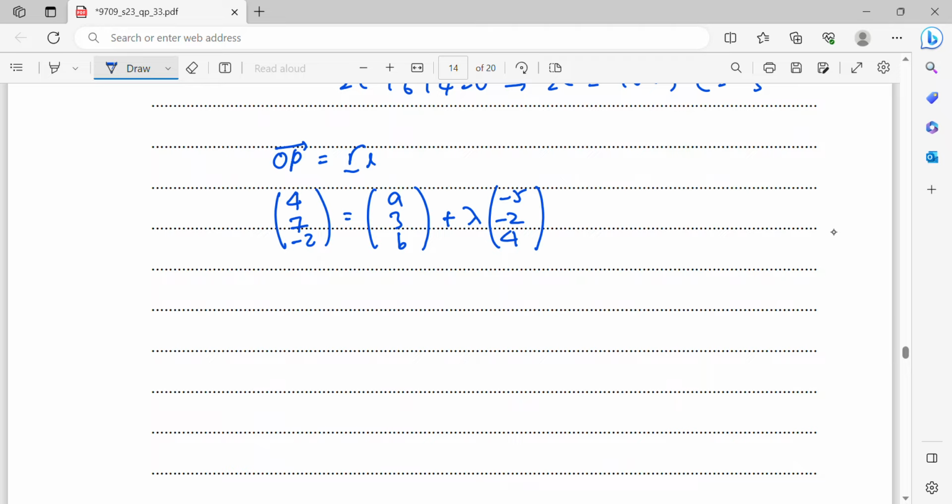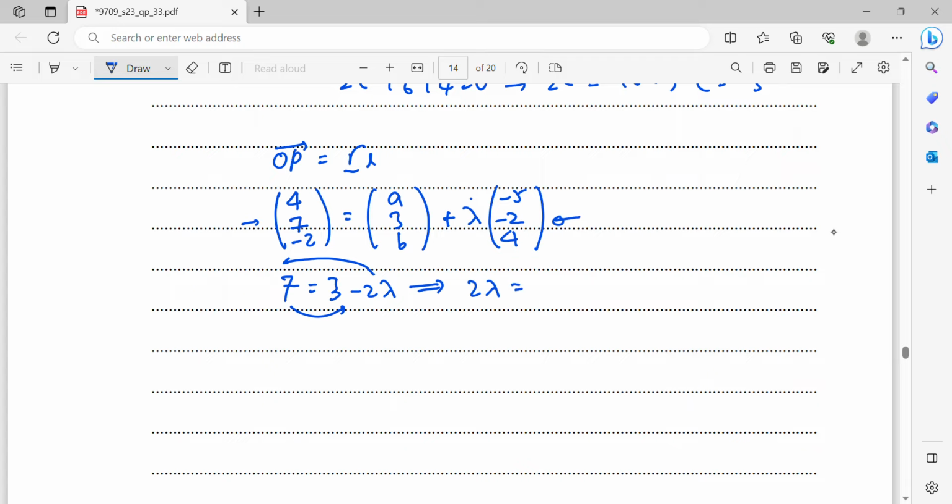Okay, so from here, we need to find the lambda. The lambda can be found using the second row, which is the coefficients of j. So I will write 7 equals 3 minus 2 lambda. The minus 2 lambda moves to the left side, and the 7 moves to the right side.